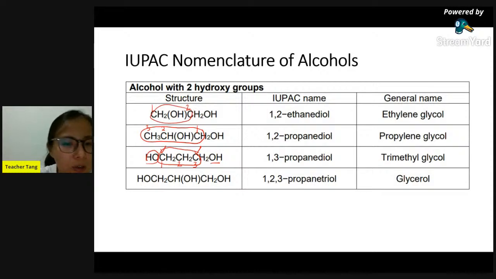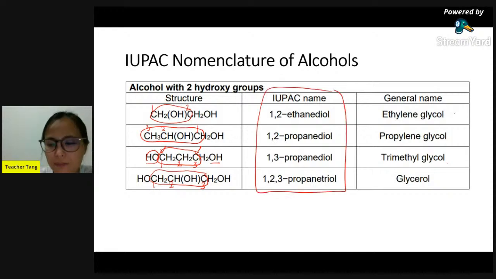The next one has a total of 3 carbons: 1, 2, 3. So we can call this propane-1,2,3-triol or 1,2,3-propane-triol. These are the general names for each of them. The general name is not that important, but the IUPAC name you do need to know because it is in the syllabus.